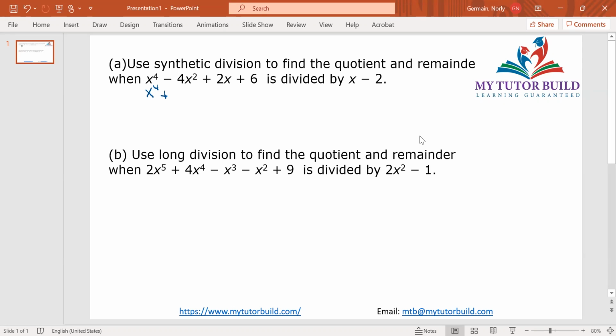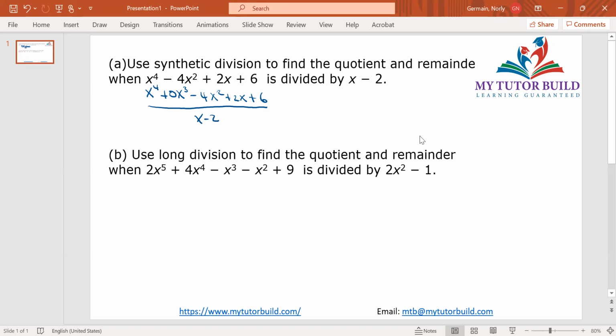Because we don't have exponent 3, we're going to write 0x power 3 minus 4x squared plus 2x plus 6. As you see, the exponents go in order: power 4, power 3, power 2, power 1, and power 0. So we know this is divided by x minus 2.